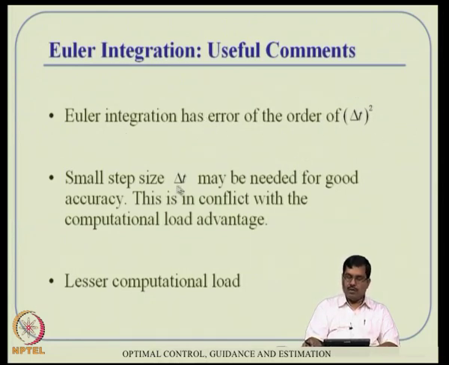A small step size is necessary, and this can come in conflict with the computational load advantage. At every grid point you are doing less computation, but you have to take several grid points, because delta t will be required to be selected much smaller. So that way it is not that much of an advantage. But in general it has a low computational load, and further algebra is possible in closed form.